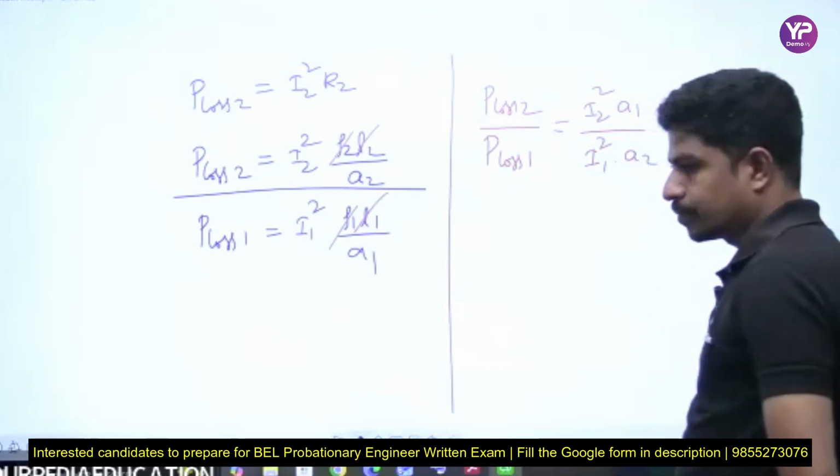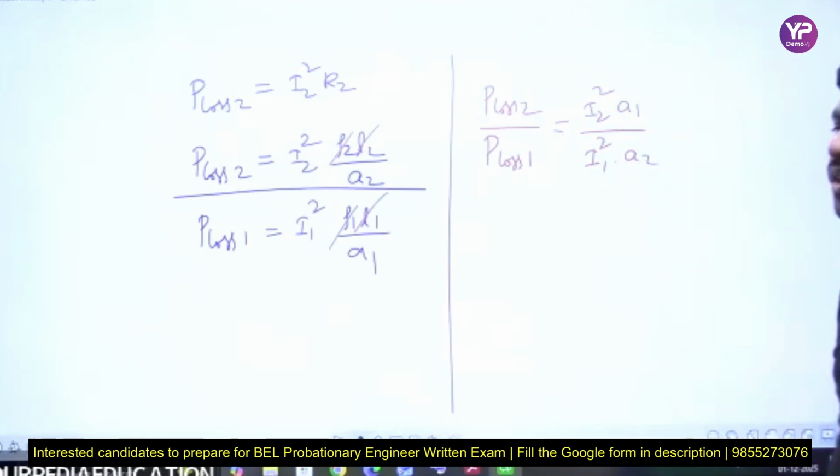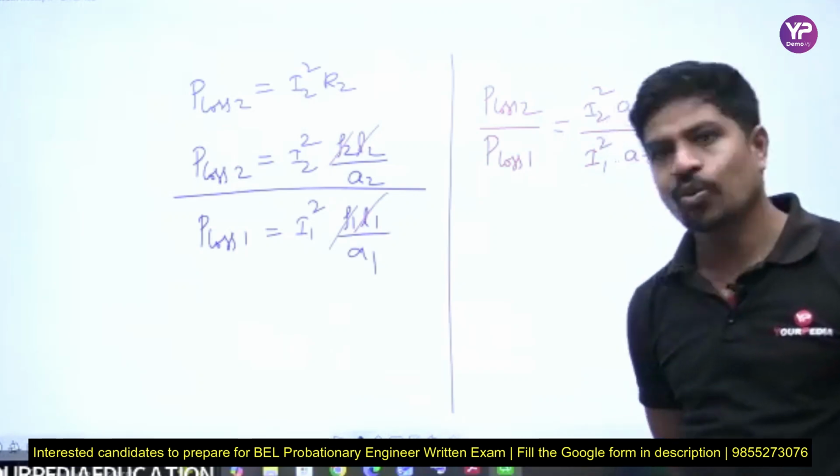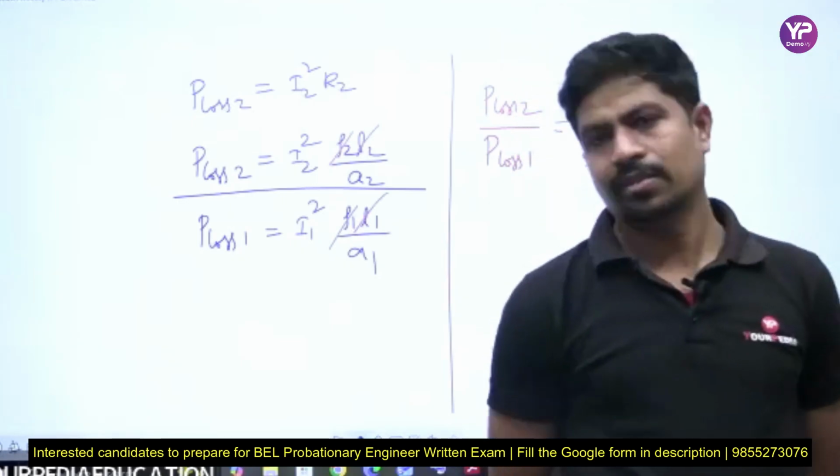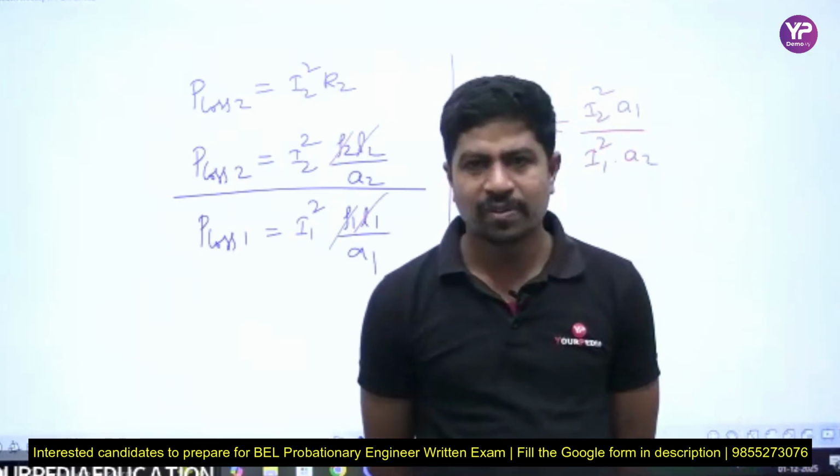Yes or not? Here two cases will exist. The question did not say anything about the area of cross section of the conductor. Suppose the transmission line is already designed, then it is not possible for us to change the area.